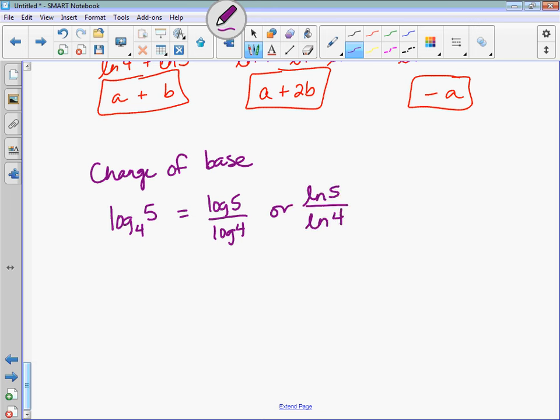I always remember the base goes in the basement, so that way you know which one goes on the bottom. You're basically turning this log with an uncommon base into a common log or a natural log. You'll get the exact same answer with either one.